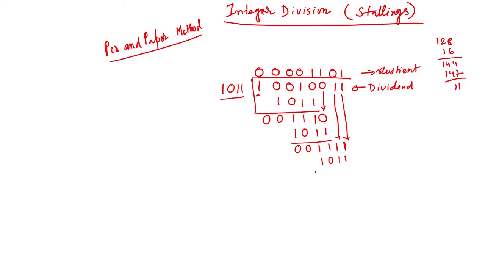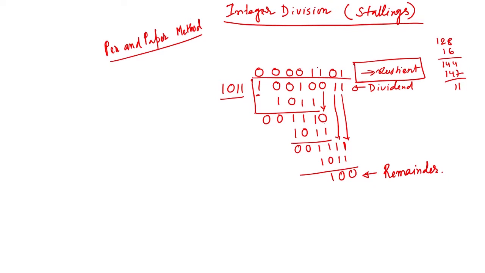Now here 1 1 0 1 1 0 1, this will be the remainder and this should be the quotient.